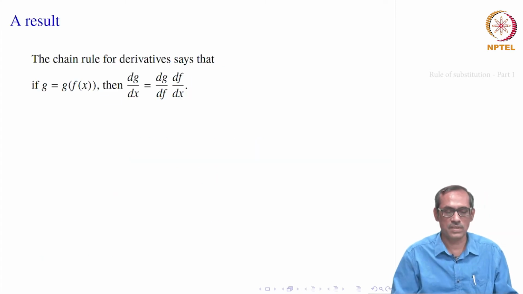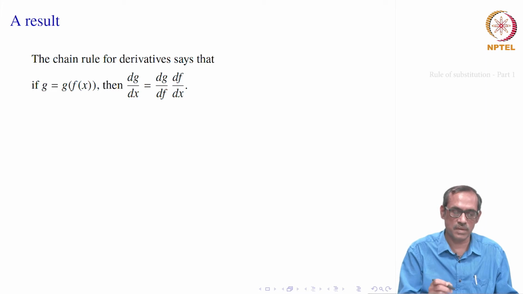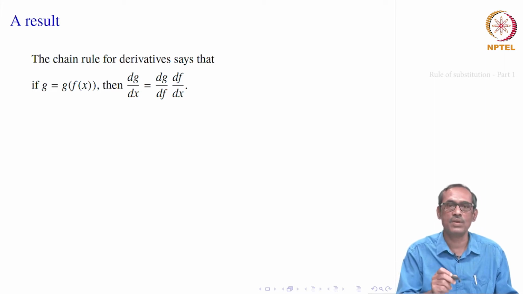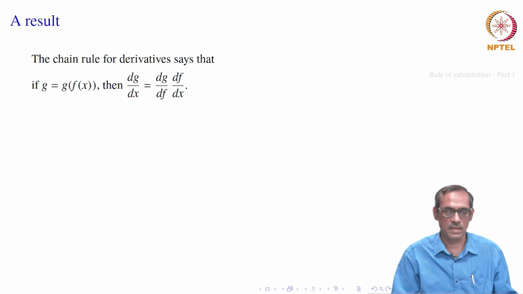So, first thing is the rule of substitution does not come out of the blue, it comes from the chain rule for derivatives. So, recall that the chain rule says if you have a composite function like g of f of x, then suppose I write that as g for simplification.